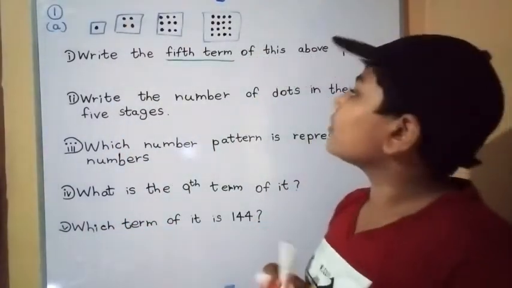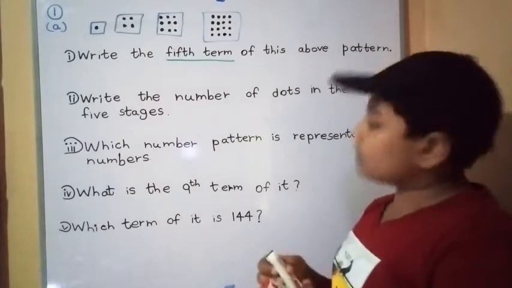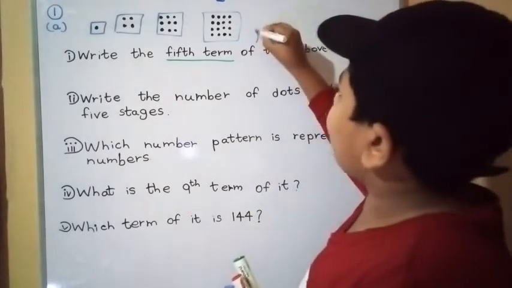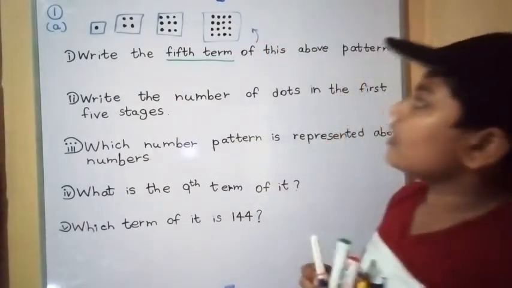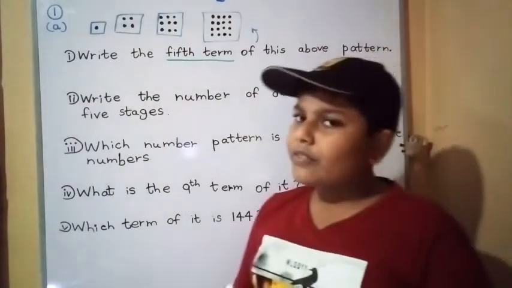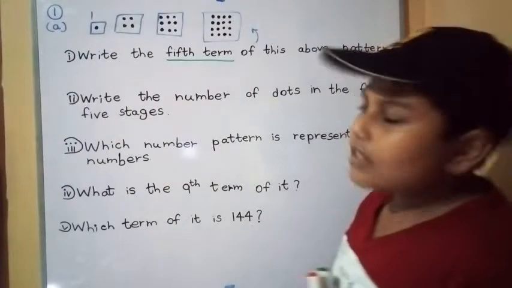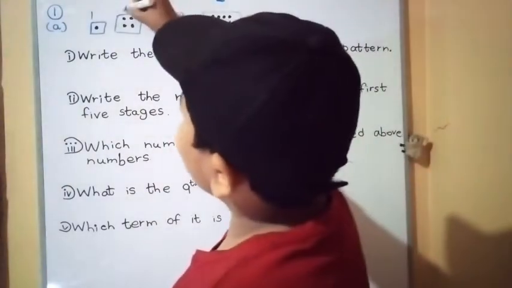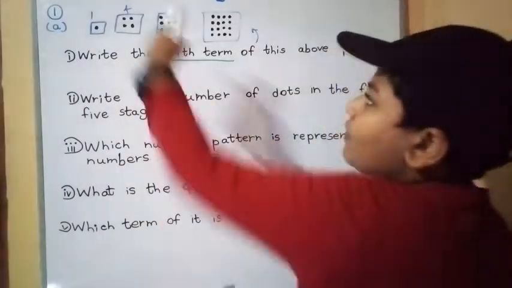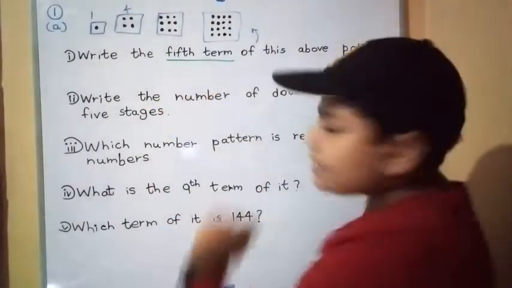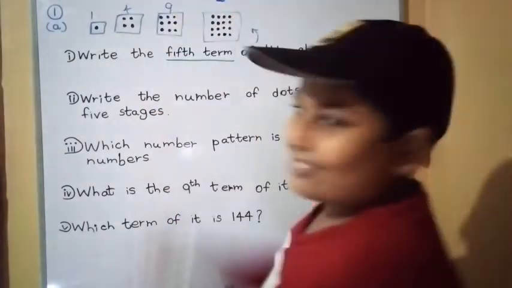Fifth term of this above pattern. What is the 5th term? You look, they have only 1 dot. They have 1, 2, 3, 4 dots. 1, 2, 3, 4, 5, 6, 7, 8, 9 dots they have.